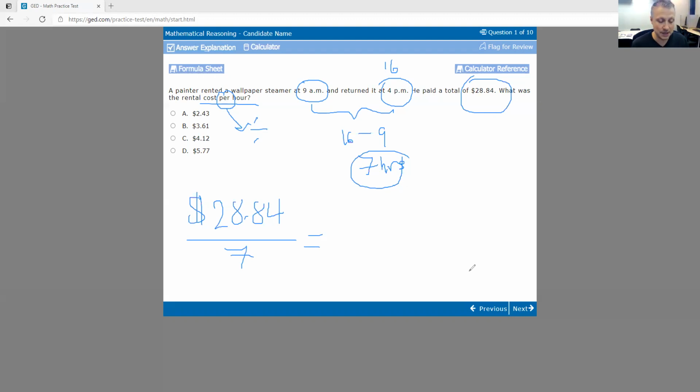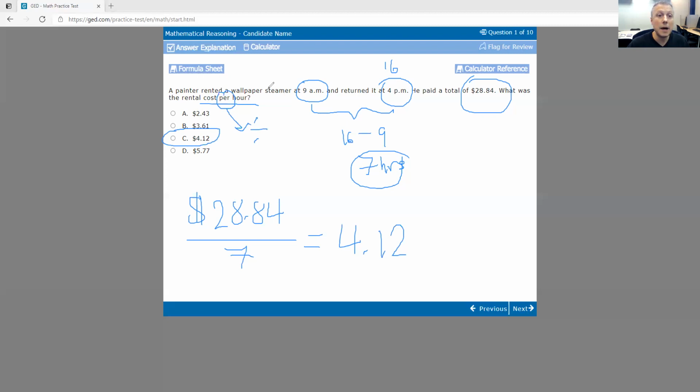As far as the exam goes, it's going to be 28.84 divided by 7. And I am getting something like 4.12, which is a pretty good answer here because we do see it on the answer key. So it's a great component.